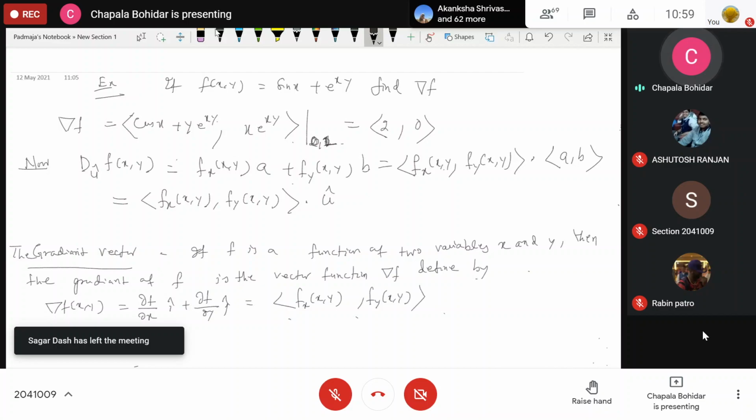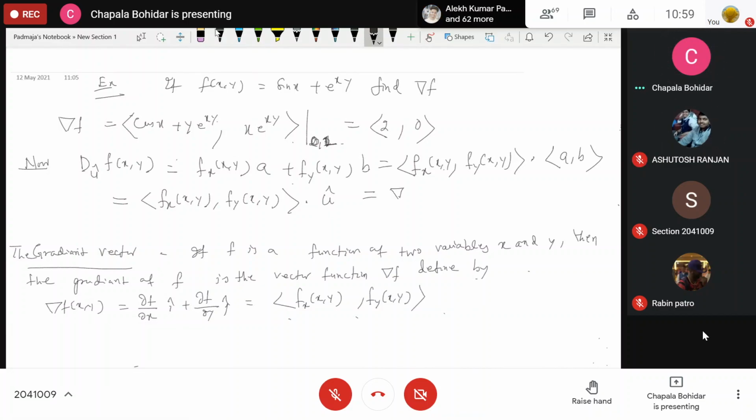I can write it this way. So our directional derivative of the function is equal to the gradient of that function dot unit vector. Clear?